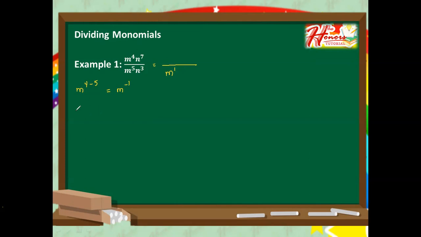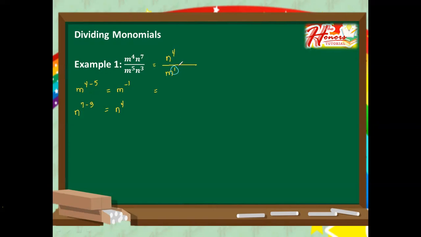How about for n? So that is n raised to 7 minus 3. 7 minus 3 is 4, so n raised to 4. It is a positive number, so automatically it should be placed in your numerator. But it is not yet the final answer because, as you can see, we have an obvious 1 as an exponent.